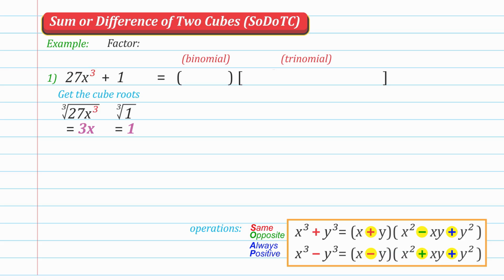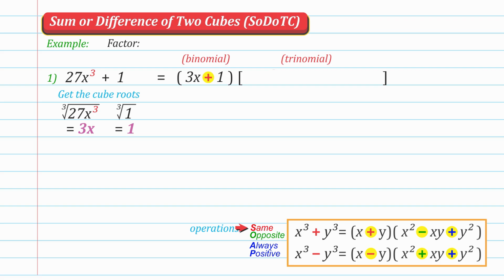Step 2. Apply the correct formula or pattern. Let's start with the binomial factor first. Copy the first cube root, that is 3x, and then copy the second cube root, which is 1. Remember that the operation is the same as the original.